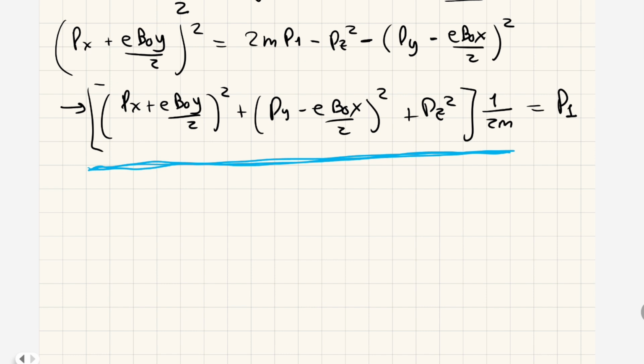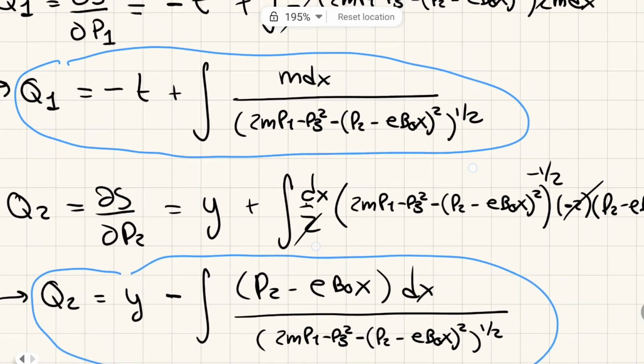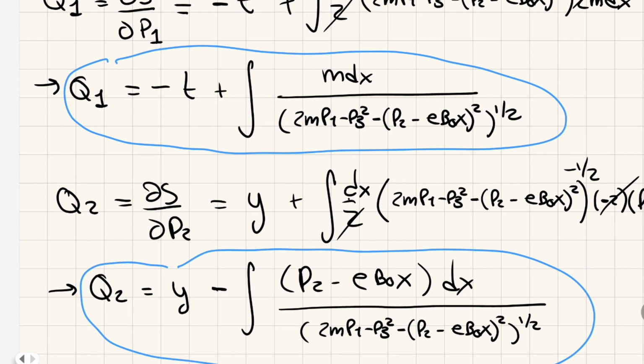Okay, so what we are going to do now is to see how are we going to get the expressions x of t and y of t that are, well, the functions that are going to tell us what is the motion of the particle inside the magnetic field. So we are going to start by solving this integral.